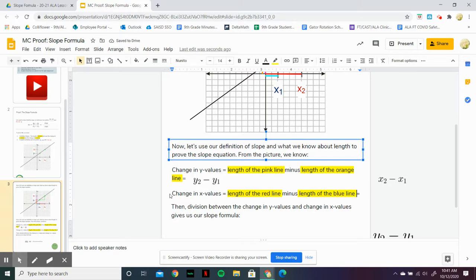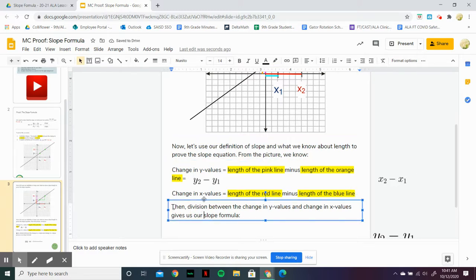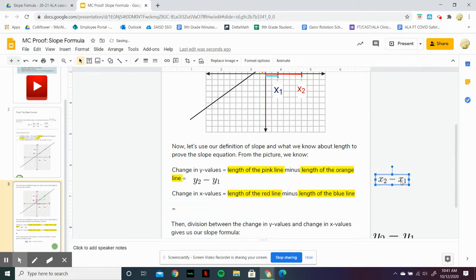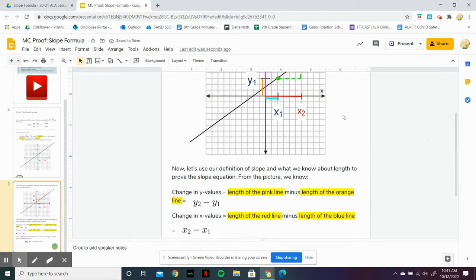And we know that is equal to x2 minus x1. Gonna have to do some adjusting here. Okay. So the length of the red line minus the length of the blue line would be equal to x2 minus x1. So it would be this distance in between the two.